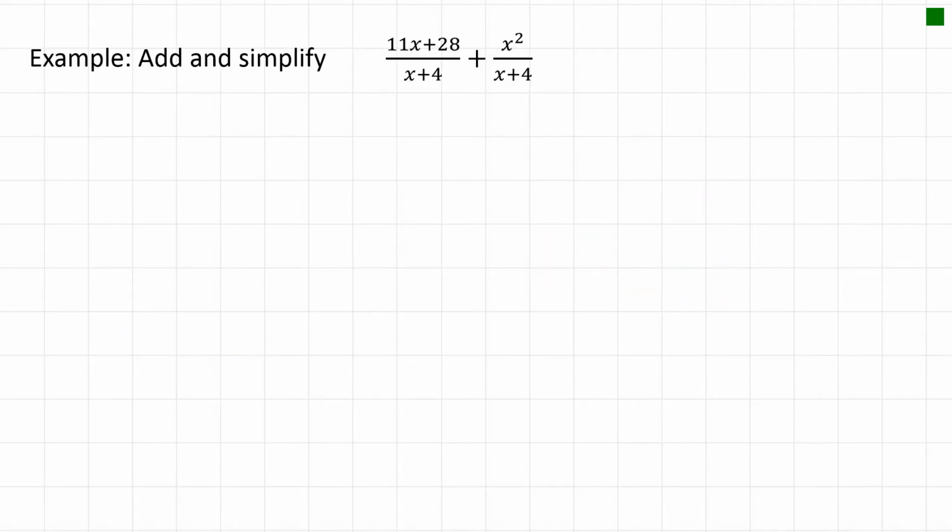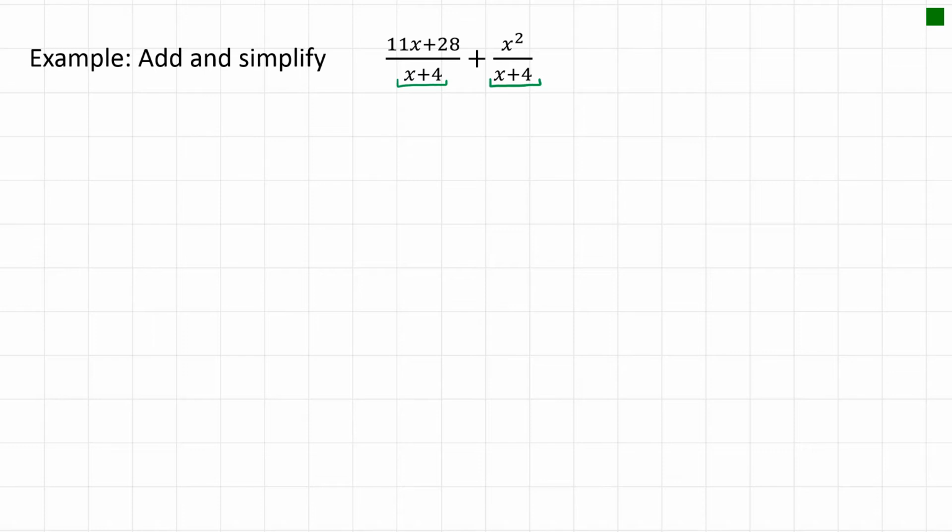So now we're going to look at an example where we add and simplify two rational expressions. And just like with the fraction problem we saw earlier, we have to start by looking at the denominators. And in this case, we actually see that the denominators are already common. So it's nice because we don't have to find that lowest common multiple.